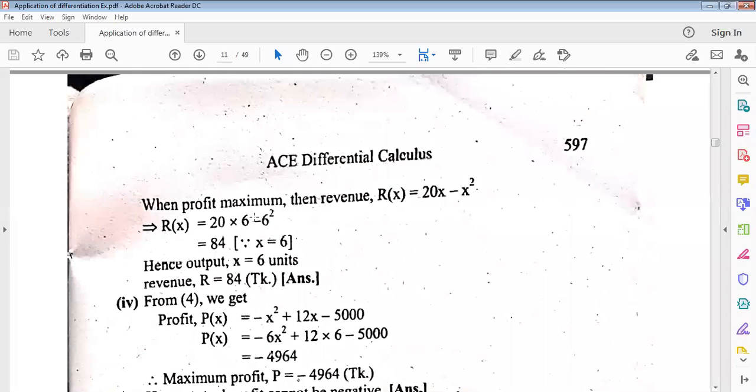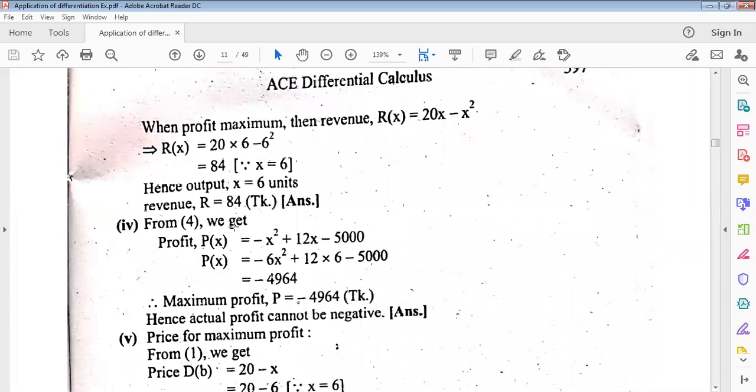When profit is maximum, what is the revenue? R equals this. Putting x equals 6, we get the total revenue 84 units. Now from equation number 4, putting x equals 6 into the profit.